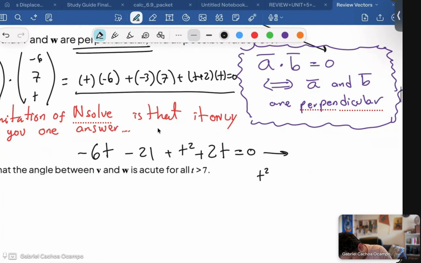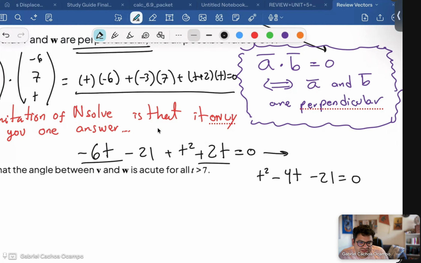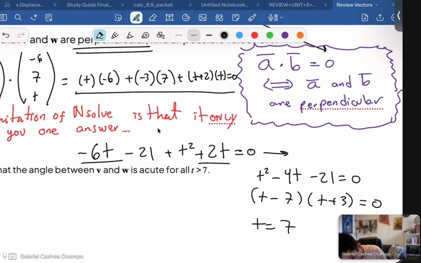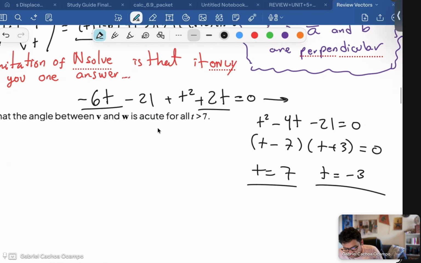Collecting the like terms, t squared minus 4t minus 21 equals 0. Two numbers that multiply to negative 21 and add up to negative 4 give t minus 7 and t plus 3. So I have 7 and negative 3. If you only give me one of the two solutions, I wouldn't give you the total credit. This is a quadratic.